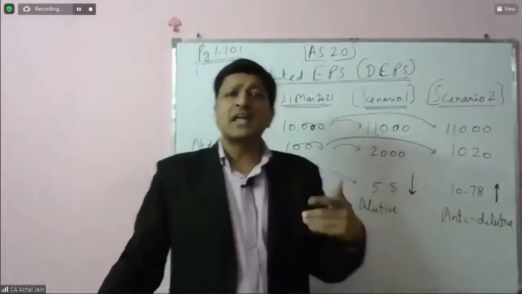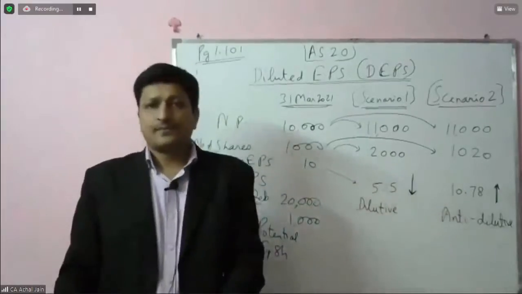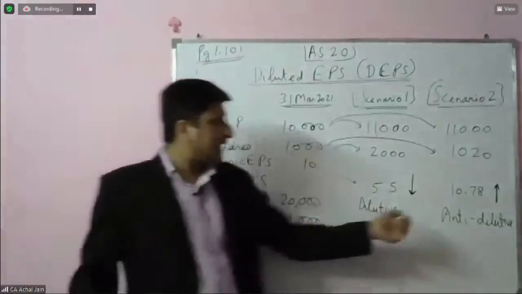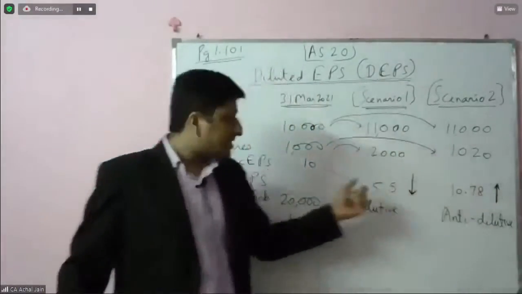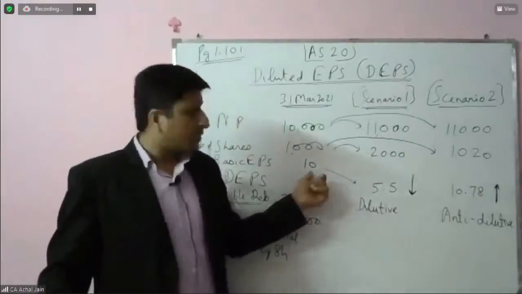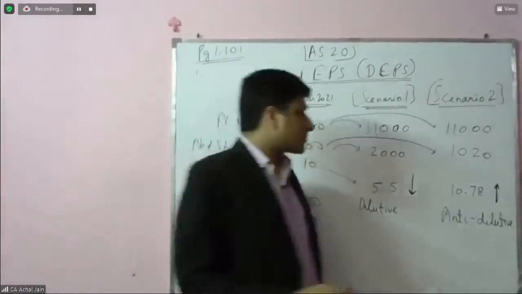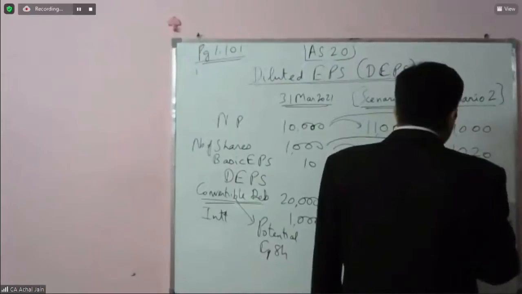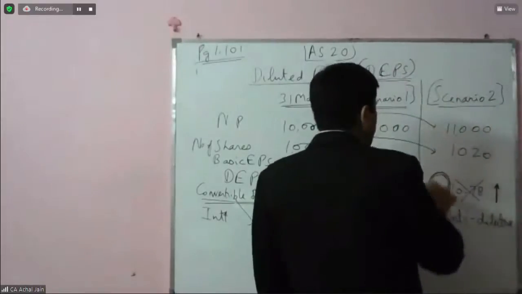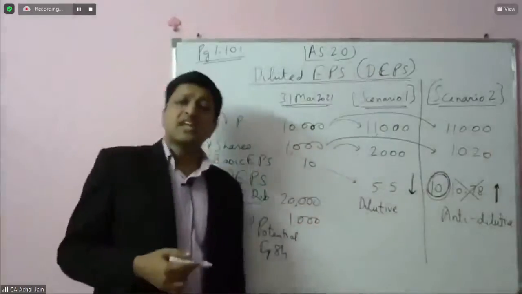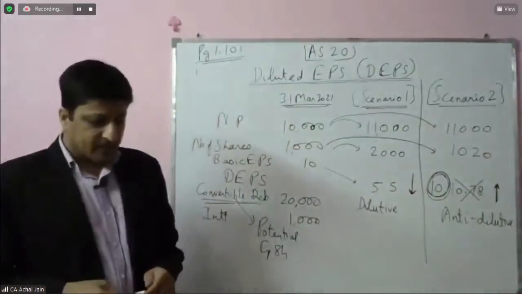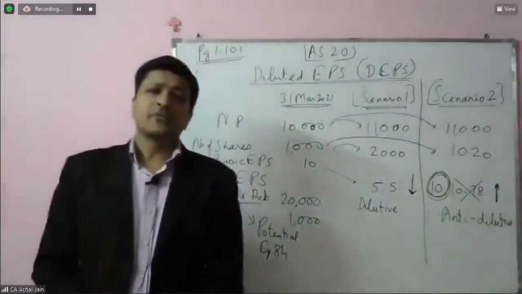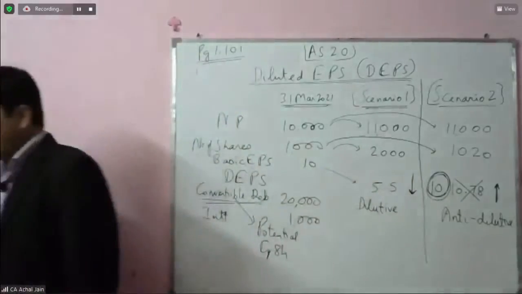So whenever the question asks us to compute DPS, but we can see the impact of potential equity share is anti-dilutive, you will say your basic EPS is also your DPS. So instead of 10, you will say 10 is your diluted earning per share. Potential equity shares which are anti-dilutive in nature are ignored for the purposes of computing DPS.